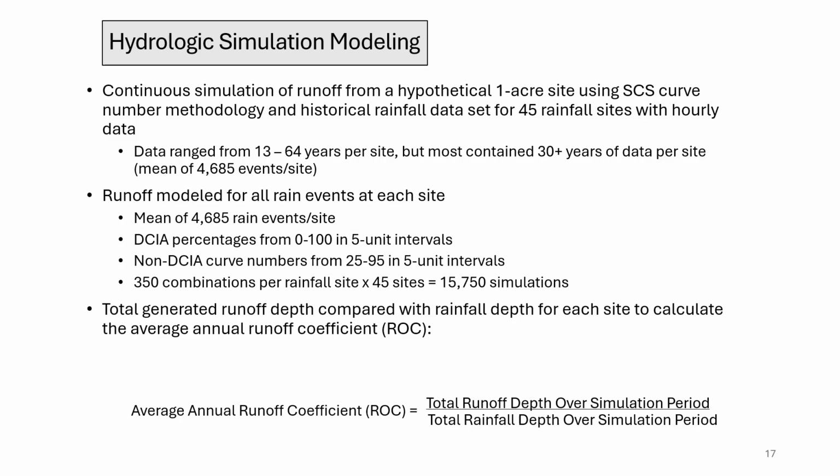Combining these variations across all our rainfall sites, we performed a staggering 15,750 individual simulations. The primary output we calculated from this extensive modeling effort was the average annual runoff coefficient, or ROC. This coefficient represents the ratio of the total runoff depth generated over the simulation period to the total rainfall depth over that same period, effectively quantifying how much of the precipitation ultimately becomes runoff on an average annual basis.